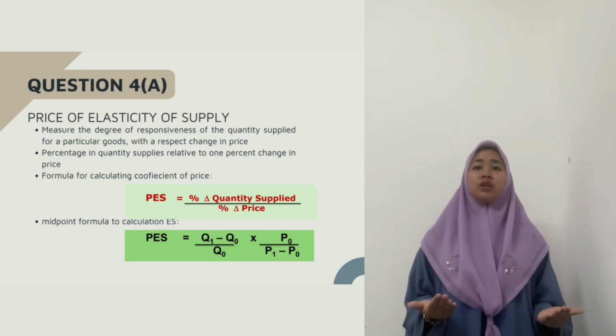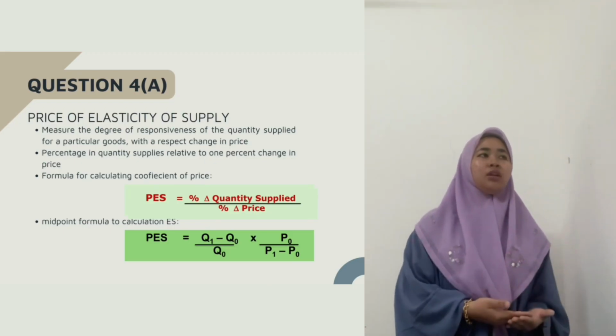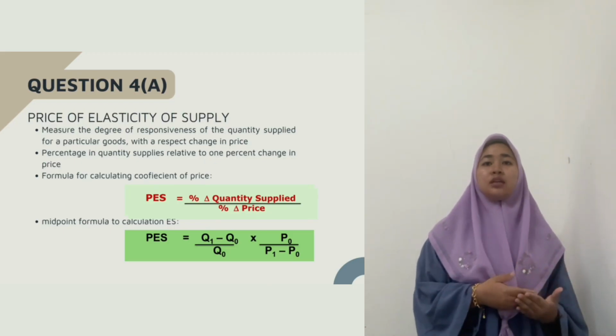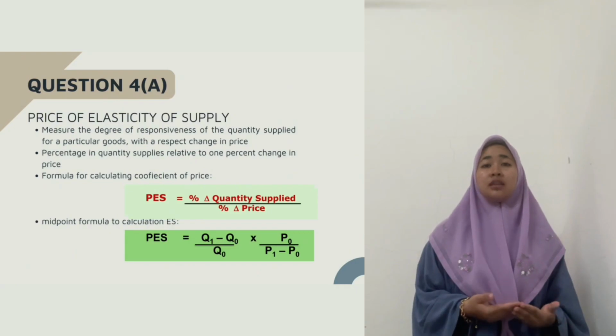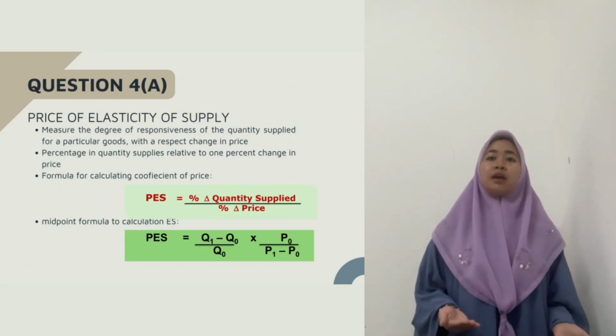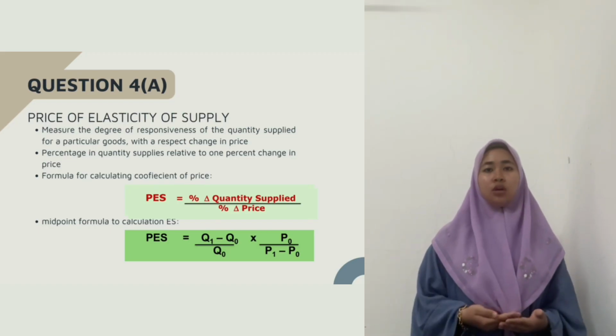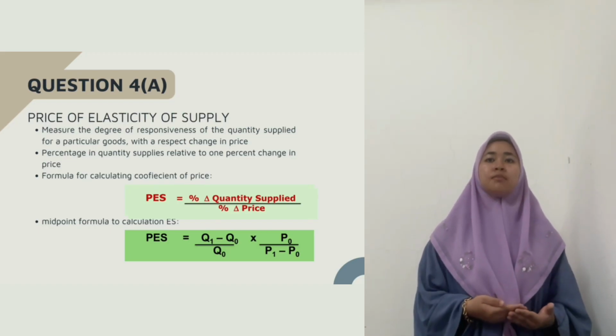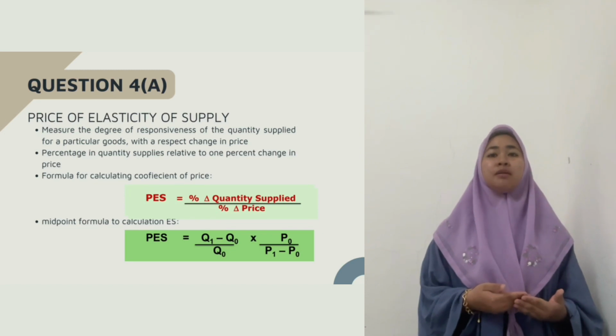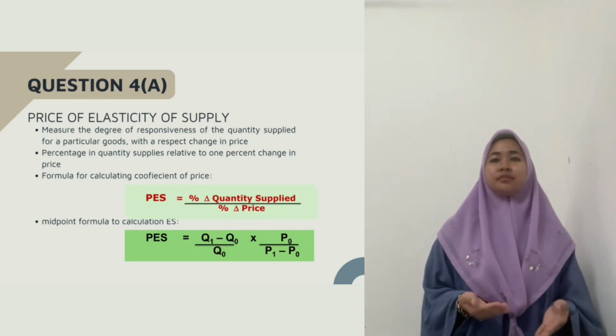In other words, we could also use the midpoint formula to calculate the PES. That is, change in quantity supplied divided by the sum of quantity divided by 2, and the sum of price divided by 2, also divided by change in price.